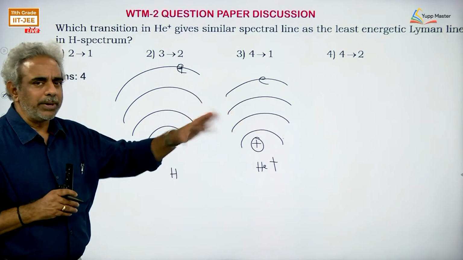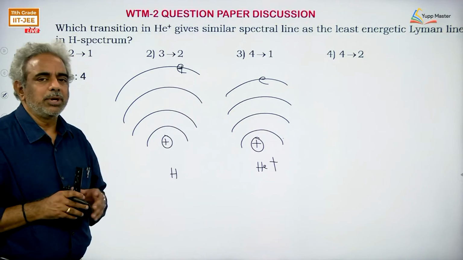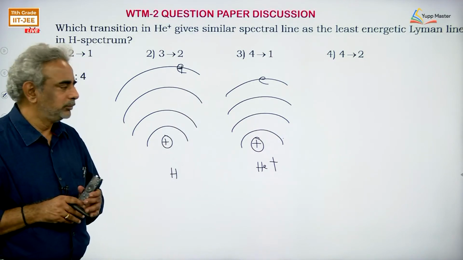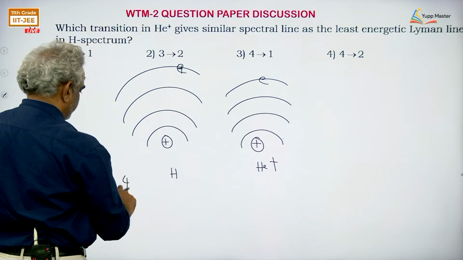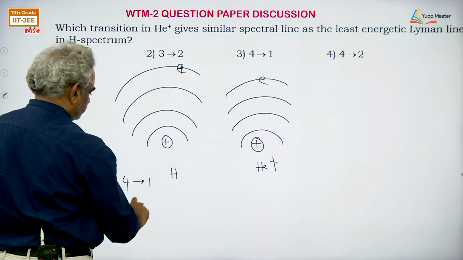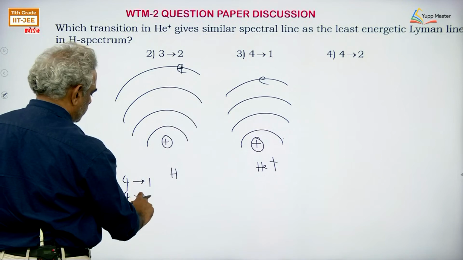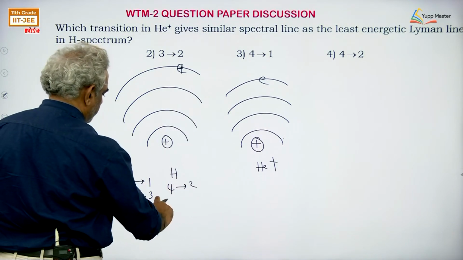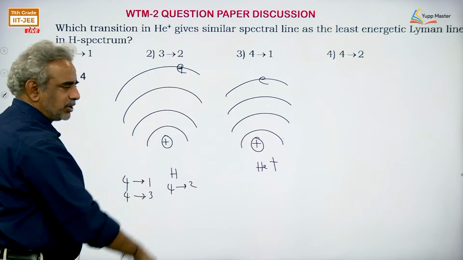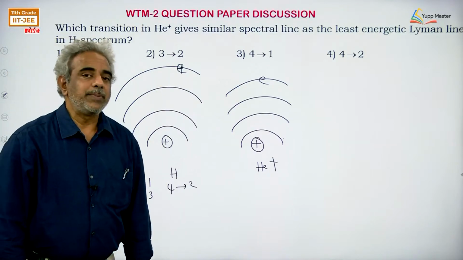Of course, you have got so many atoms. In all those atoms, you have got electrons in the 4th. So, what kind of transitions can there be here? 4 to 1, 4 to 3, 4 to 2, yeah, and 3 to 1, many transitions will take place. So, how many spectral lines?